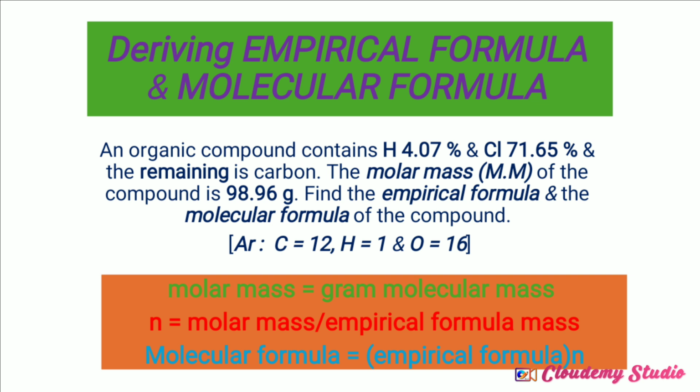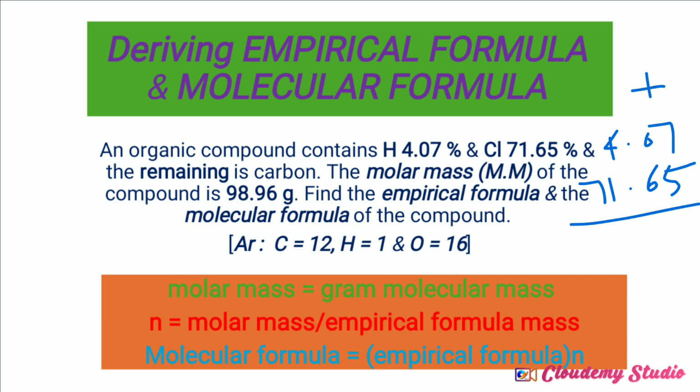Hydrogen percentage mass 4.07, chlorine percentage mass 71.65.